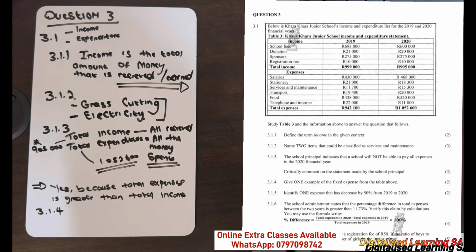It's not something that you can try to limit your spending by cutting it. So it's something that it will always be there. So if we look at our expenses, we can see that they are salaries. So salaries will always be there. So teachers will always be paid salaries.